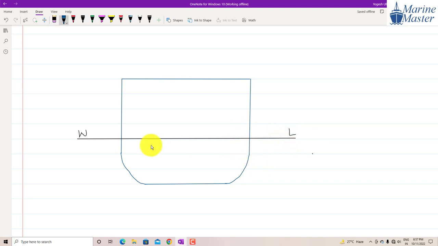Below this line, water is there, and this portion I am going to show, this hatching portion. Just observe what I am going to show.